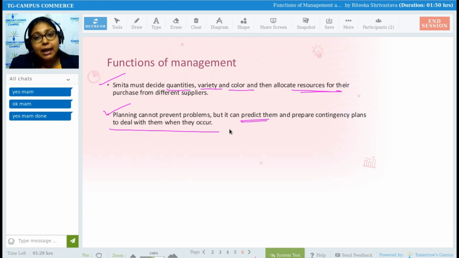The best example is the COVID time. When COVID came into our country, it was new and nobody knew what was going to happen. There were a few organizations who did not do proper planning, and a few who did. Those who planned might not have had to close their organization. But so many organizations shut down because of the COVID situation.